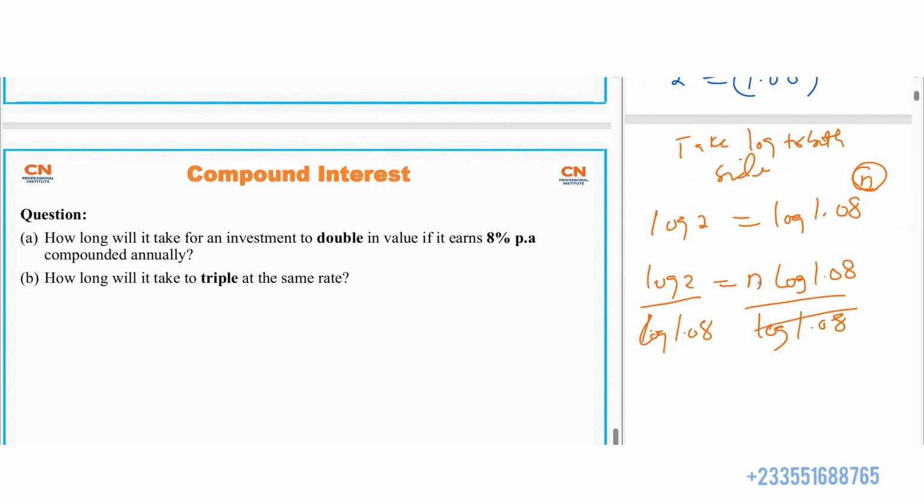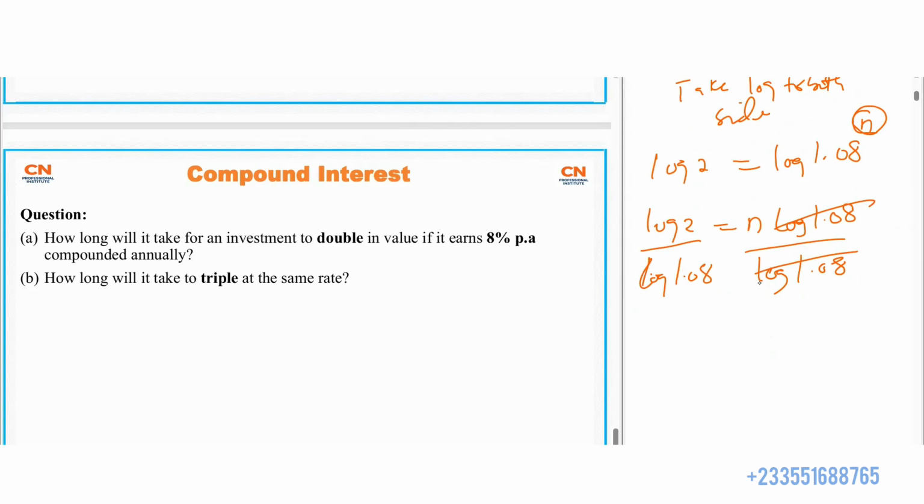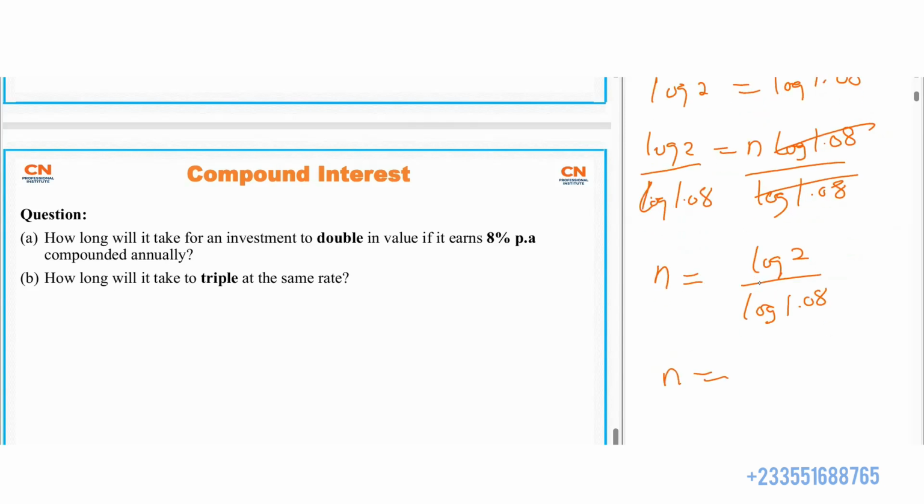So see this, cancel this. We have our N to be equal to log 2 divided by log 1.08. If you divide log 2 by log 1.08, by the way, you can just punch it on your calculator.